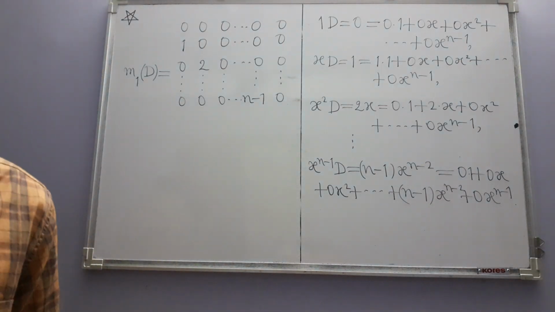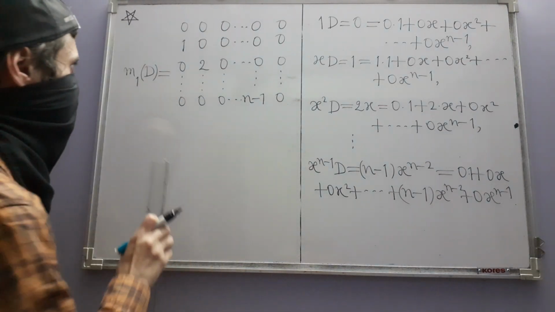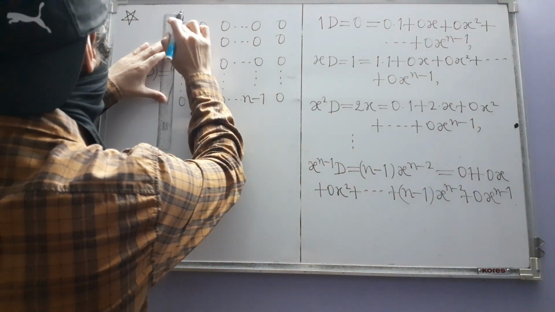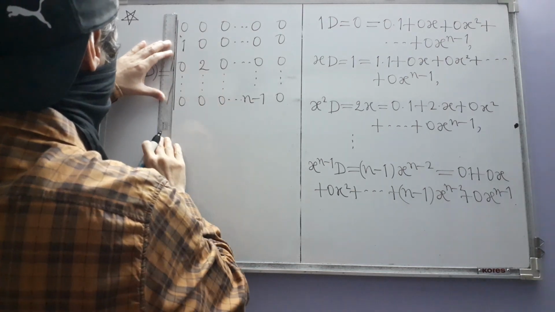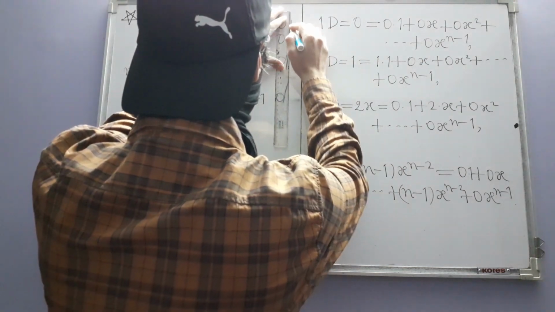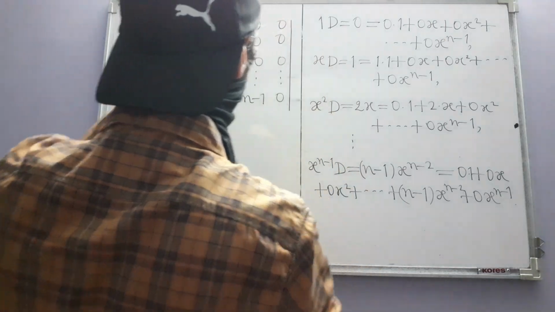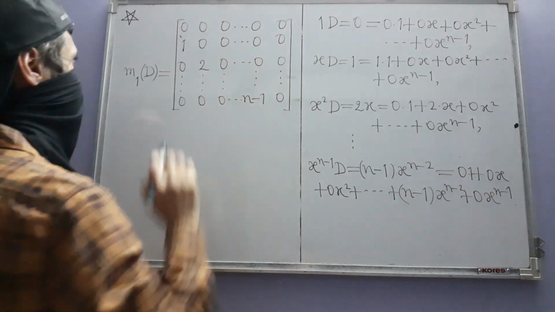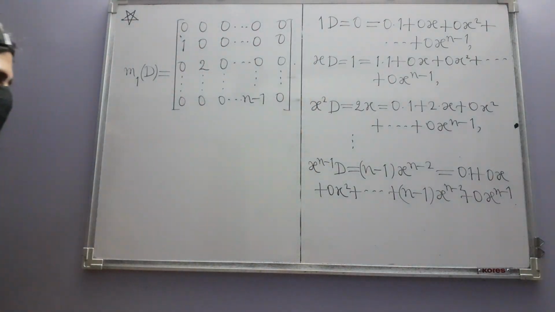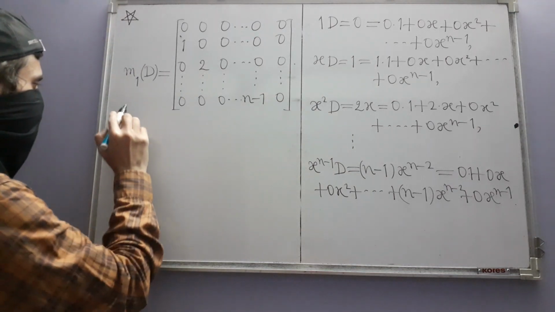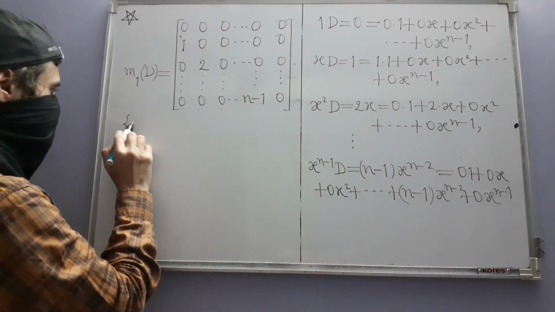Okay, so this is the matrix of the differentiation operator with respect to that ordered basis, which seems a very natural one. But we can change the order also, and instead consider this basis.